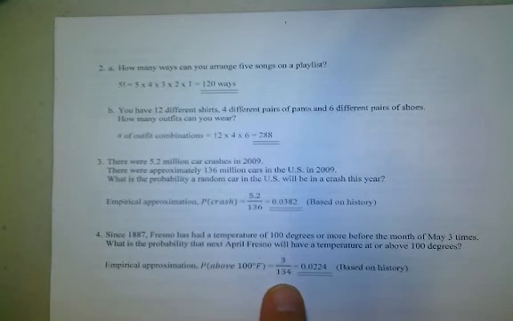And by the way, if you're thinking it should have been 133, you have to include the 1887 year. So 3 out of 134 gives me 0.0224. So based on history, it's approximately a 2% chance of next April being at least one day above 100 degrees. So there you have a quick intro into probability.